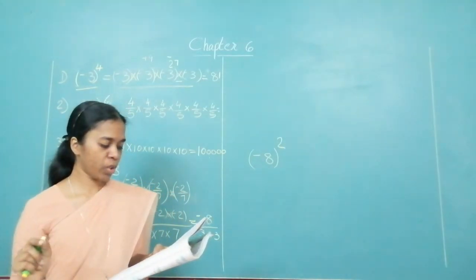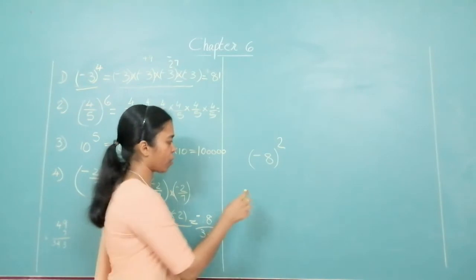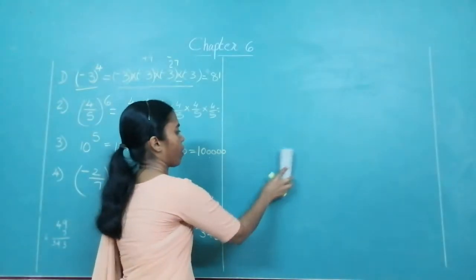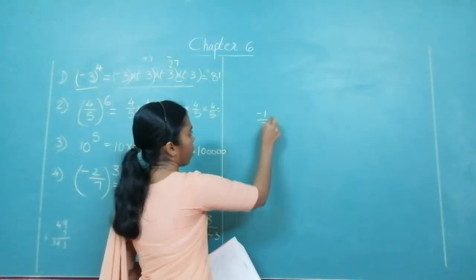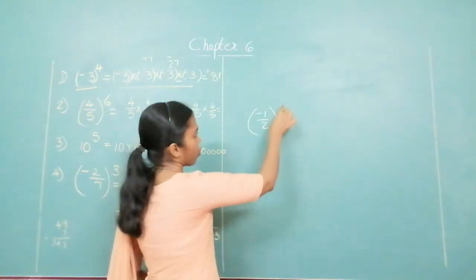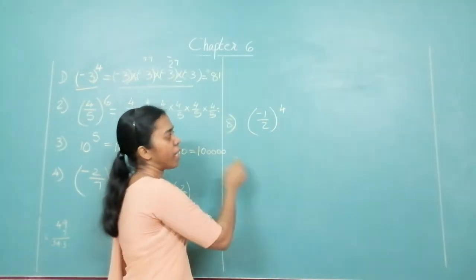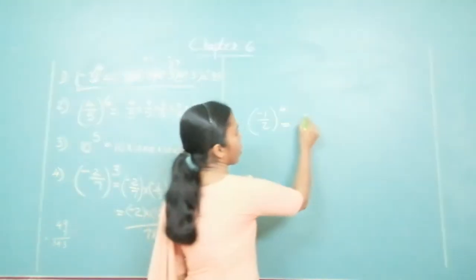I'll show you the 8th example. The 8th example is given to you over there. Minus 1 upon 2 raised to 4. You are asked to find the value. Okay. How do you find the value of it? First you write it in the multiplication form.